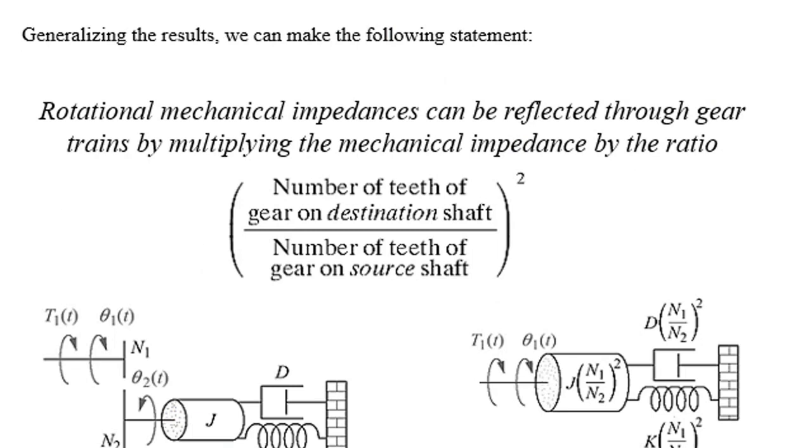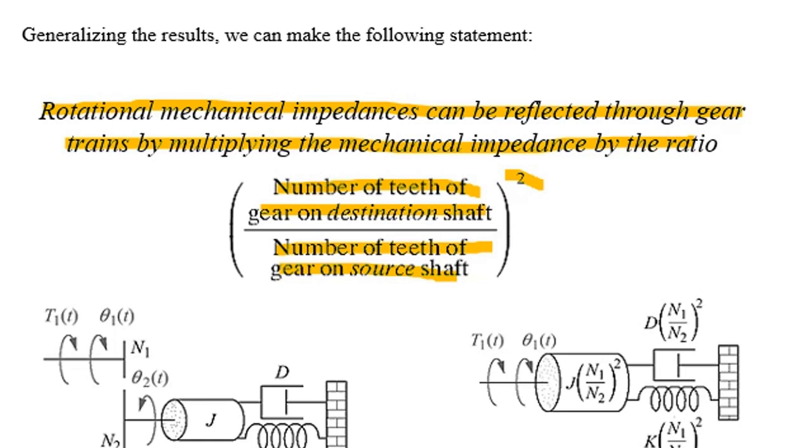Dear students, now we will generalize the result from the previous example. All the rotational mechanical impedances which are reflected through the gear trains are multiplied by a ratio, which is the number of teeth of the gear on the destination shaft divided by the number of teeth of the gear on the source shaft, whole squared. If you see, figure 1 is our original system, whereas in figure 2 we have a transformed system.